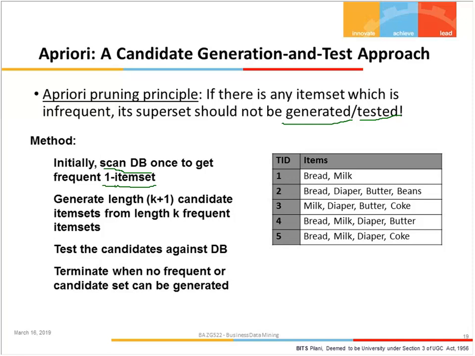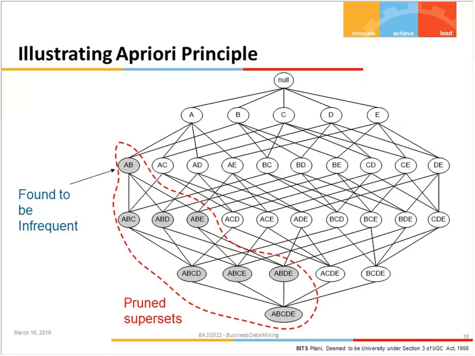Then from each k item set, we generate k plus one candidate item sets, which are potentially frequent. This is not to say all k plus one item sets will be frequent, but we only generate those which have potential to be frequent. In this case, ABD has no potential to be frequent because AB is infrequent. But let us say DE is frequent.